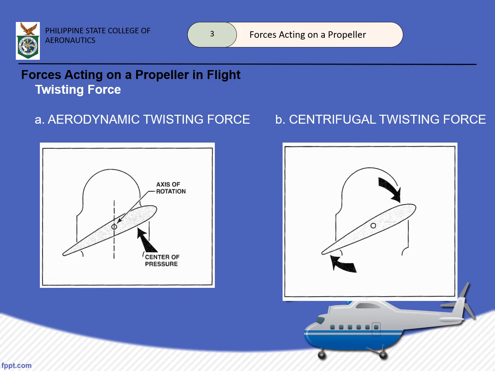Since the leading edge part has more mass, according dun sa ating profile mismo ng airfoil, this force tends to cause a decrease sa ating propeller blade angle. Since mas mabigat nga yung ating part ng leading edge. So, indicated naman siya dun sa ating arrow. Okay?